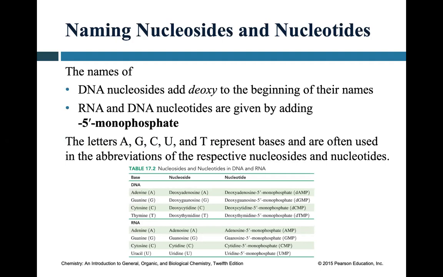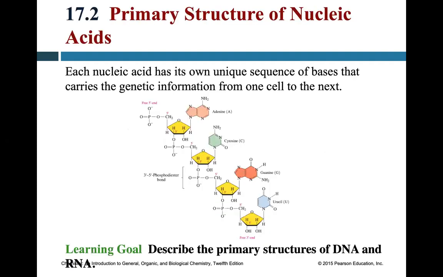So we actually went over this naming, so I'm not going to waste our time, but I'll leave this slide up, but I kind of went through the naming already. So we're going to talk about structure of DNA and of RNA as well. So even though we just kind of think of it as just floating around in the cell, your body has a very structured way of storing nucleic acid, right?